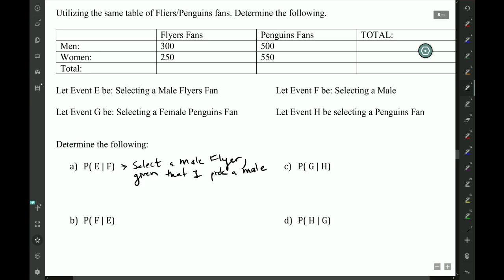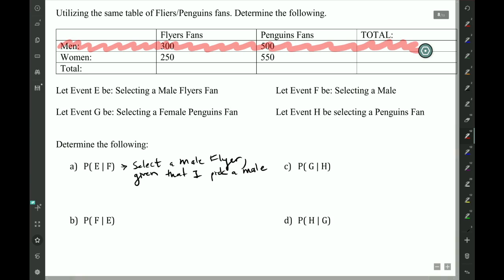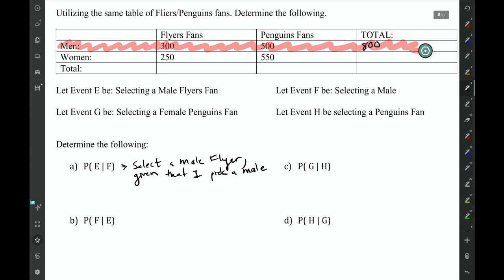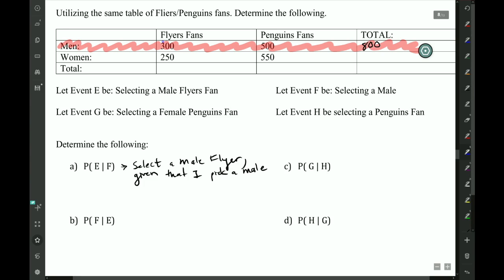Okay, so really, all I'm looking at are the males, so the men. Okay, there's a total of 800 men. And of them, I just want the Flyers fans. So really, it's just 300 over 800.